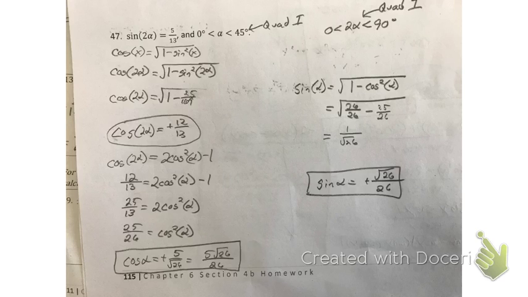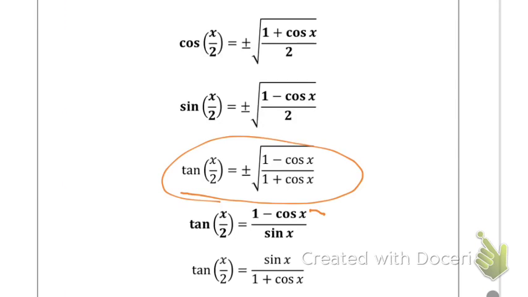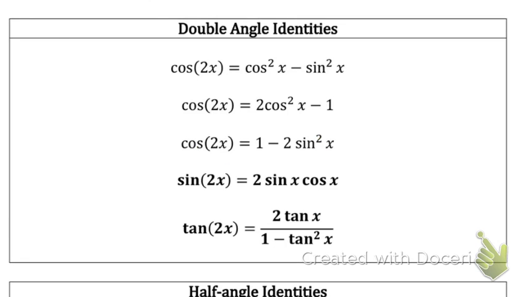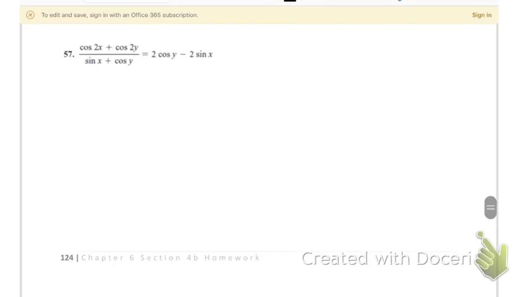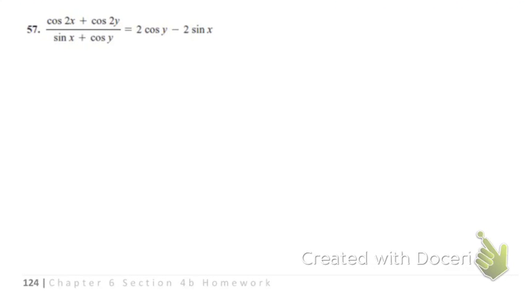Brody. Number 57. Here's a double angle one, so let's do that. 57 won't be bad.